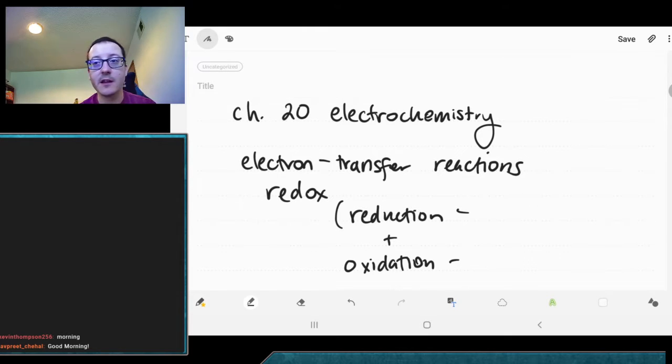And remember that oxidation was the process of losing electrons, and reduction was the process of gaining them.